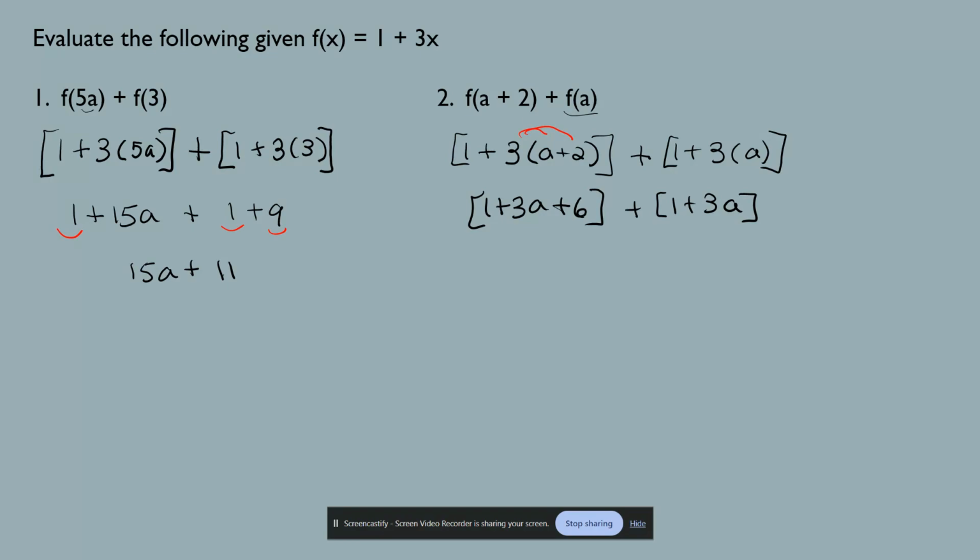Alright, so I'm going to combine my like terms here. I'll combine my a's first, which ends up giving me 6a. And let's combine my constants right here. So that will give you plus 8 then.